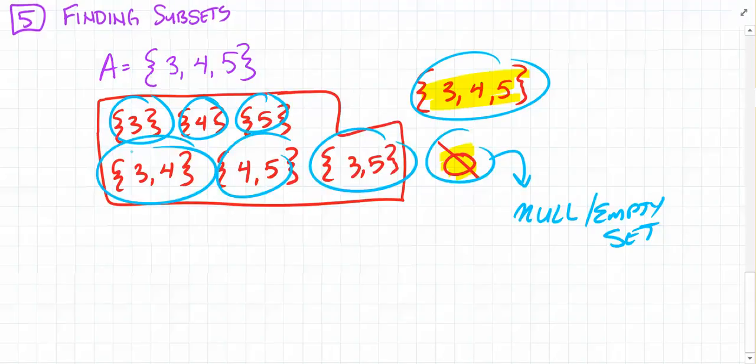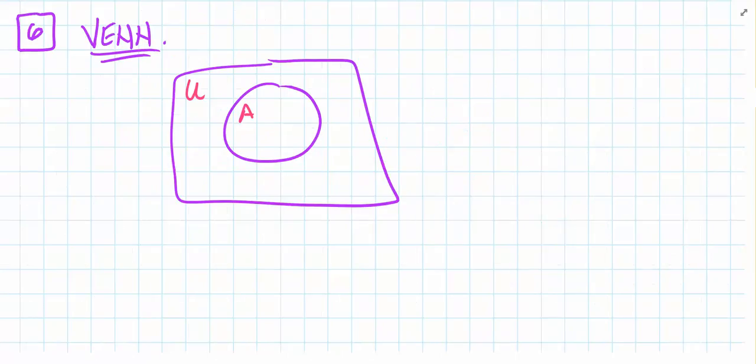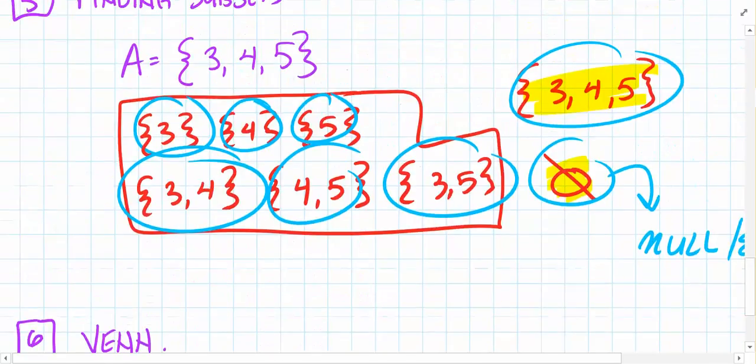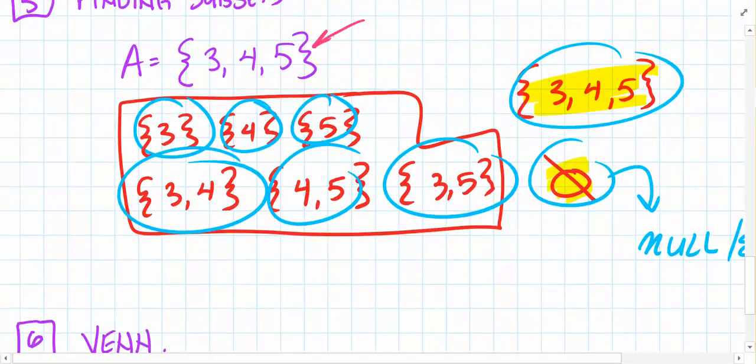Okay, so one way of looking at this, to introduce another concept, is the use of a Venn diagram. If I say that a set has a certain number of elements, then we call that set the universal set. As an example, right back over here, this would be the universal set. It's a set of everything in the universe of that set, so 3, 4, and 5.